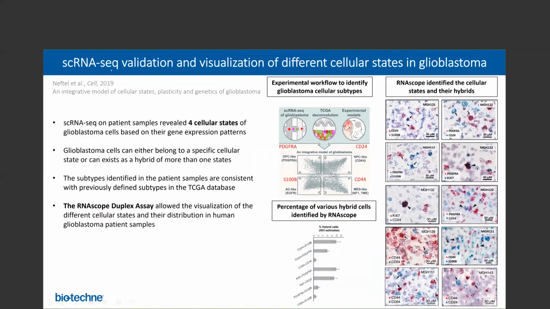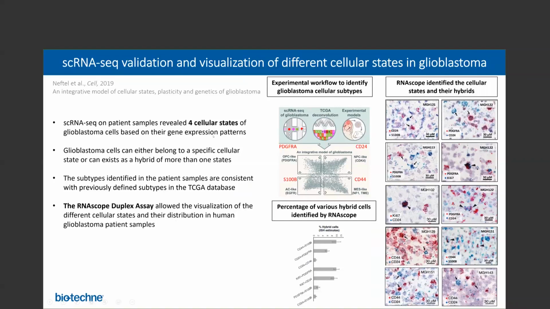In this particular example, we're now going to look at how the RNAscope Duplex assay was used to study the cellular states within a glioblastoma tumor. Now, this particular group from Harvard and MIT wanted to understand the different cellular states of a glioblastoma tumor. By doing single-cell RNA sequencing, they identified that there are 4 different cellular states in which a glioblastoma tumor cell can exist.